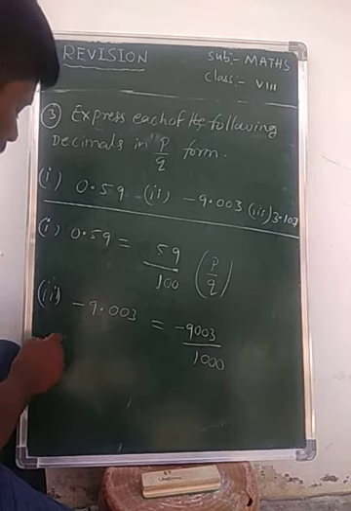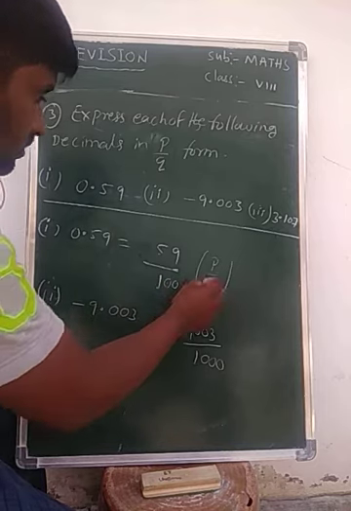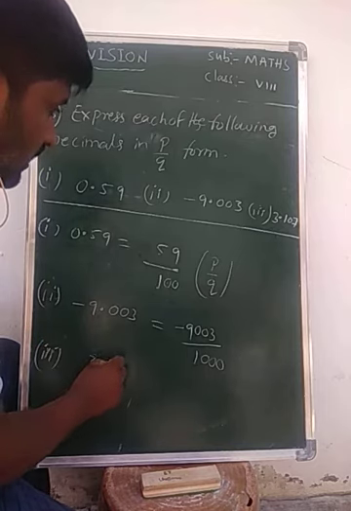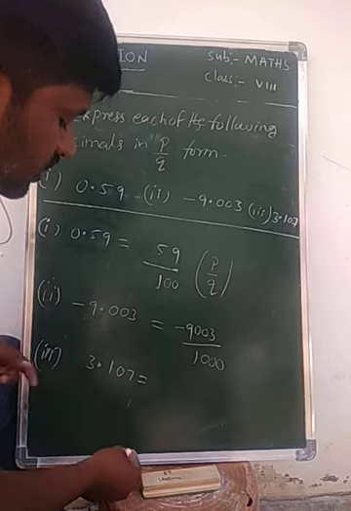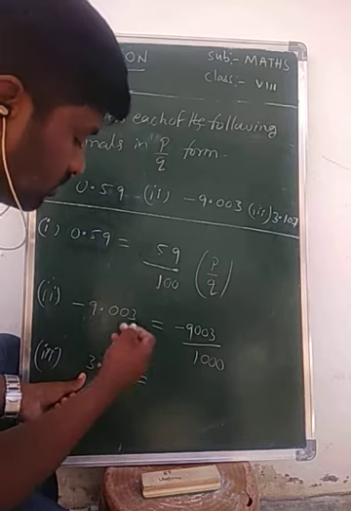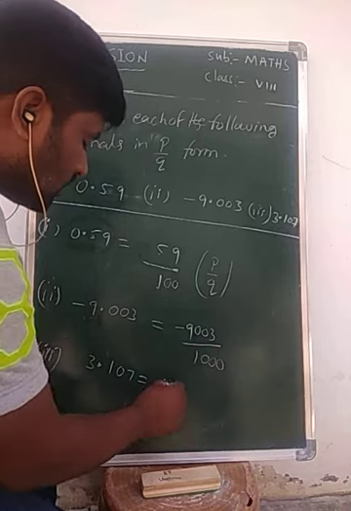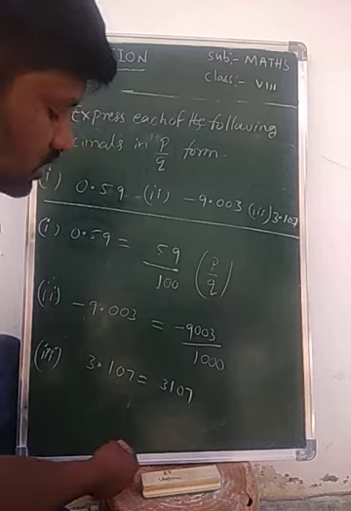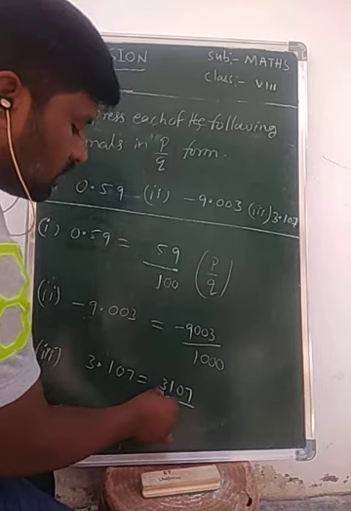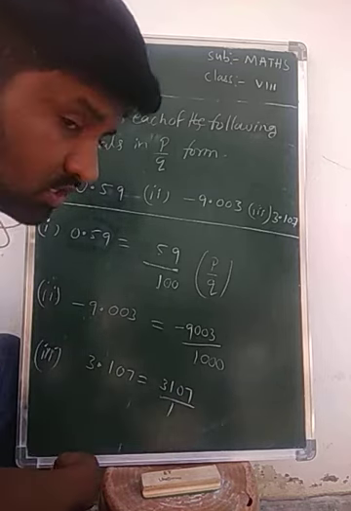Then the third one, the question given is 3.107. So this is a terminating decimal. Again, as usual, there is no point. Without the point, you write the digits 3107, and you take the denominator as 1.